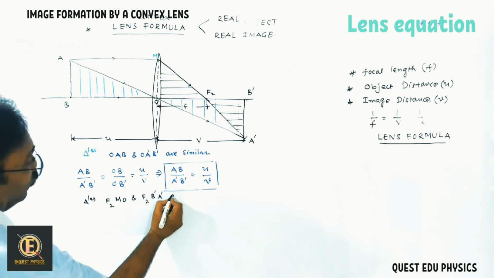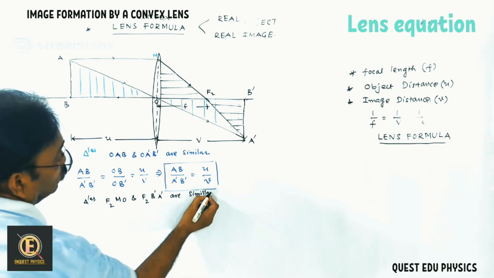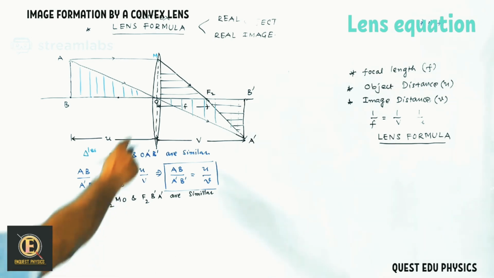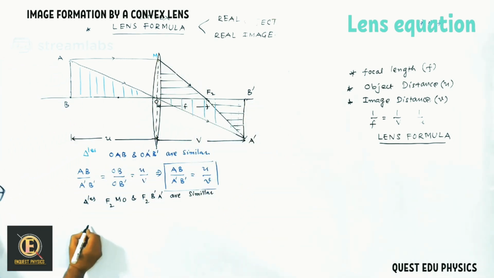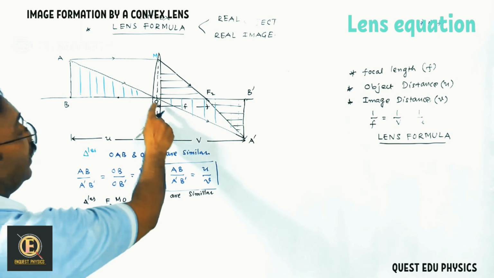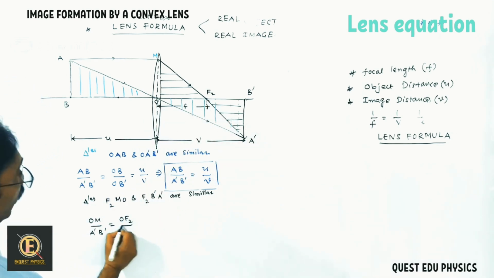Here we can write OM by A dash B dash is equal to OF2 by F2 B dash, or B dash F2. Getting me, students? OM by A dash B dash is equal to OF2 by F2 B dash.